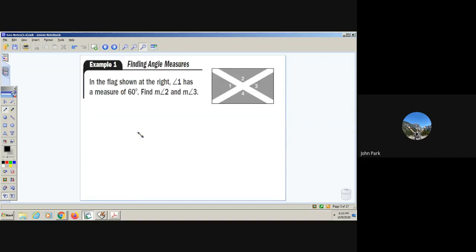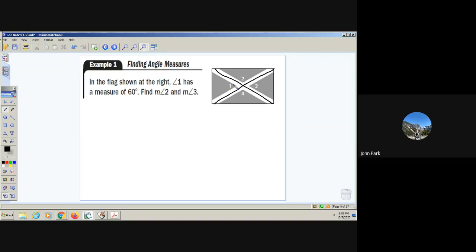So here's an example of a flag. You have these two lines on the flag that are intersecting here. I know it's kind of thick, but think of these shapes as just lines intersecting like that.